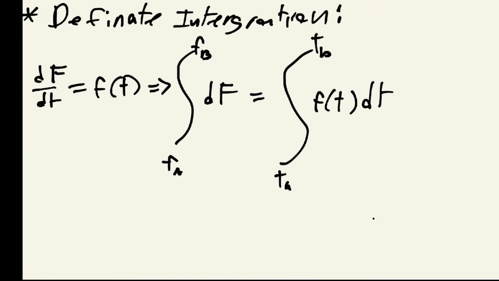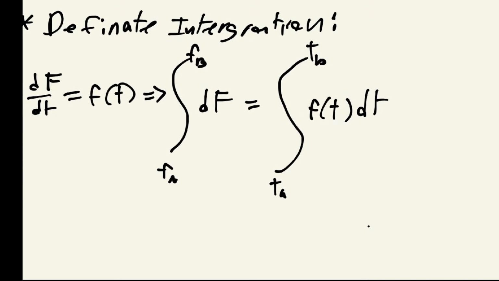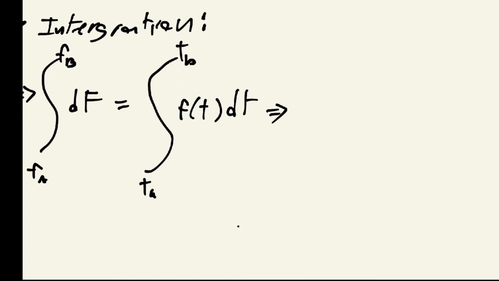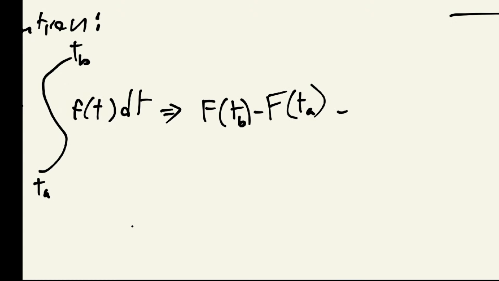Now, this makes sense, but let's finish writing this and then I'll explain it a little bit more. This tells me that F of t sub b minus F of t sub a equals the integral from t sub a to t sub b of f of t dt.